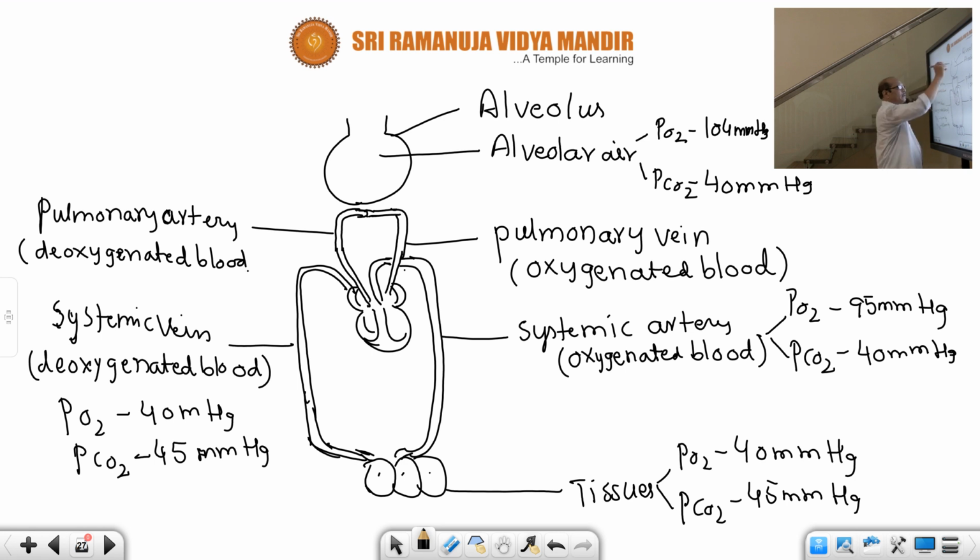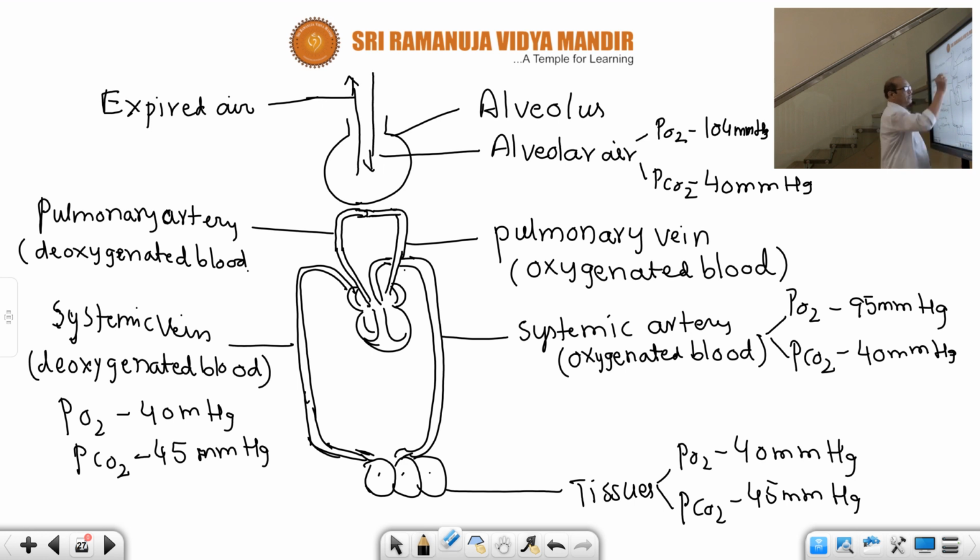Here, if you put an arrow mark outside, this is expired air. Expired air means coming out of lungs with CO2. And another arrow goes inside the lungs, that is alveoli.